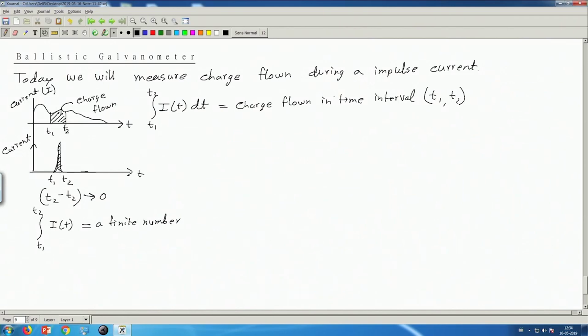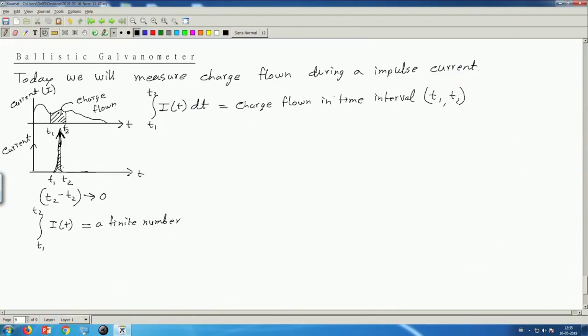Although the current exists for a very short duration, a finite, non-zero amount of charge is transferred within this time, which also means that the height of this should be very high. The maximum amplitude of this current should tend to infinity. That is what an impulse current is. The current is of very high value, almost infinity theoretically, but it exists for a very short duration.